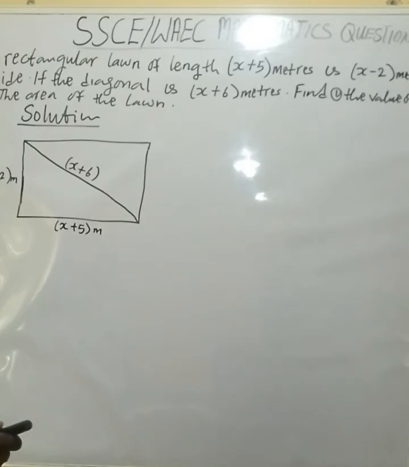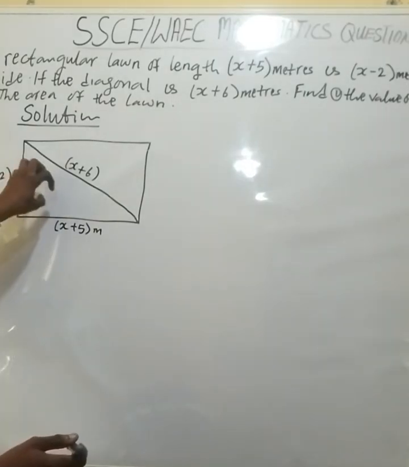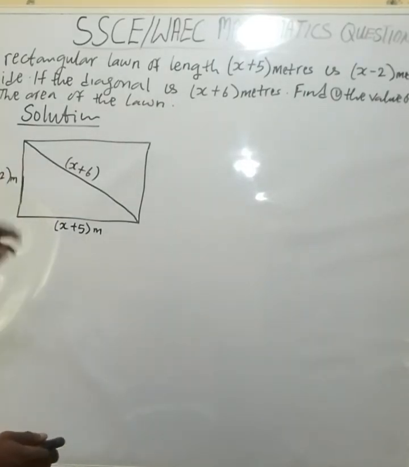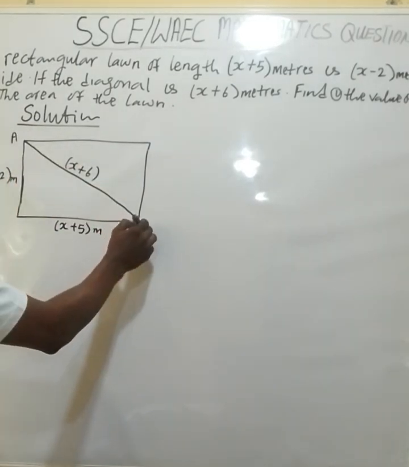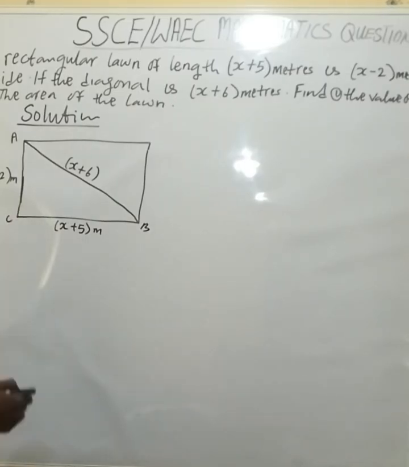So they now say we should find the value of x. The first thing you are going to do is, we are going to work with a triangle there. And the triangle there, we have to label it. So we have A, B, and C.